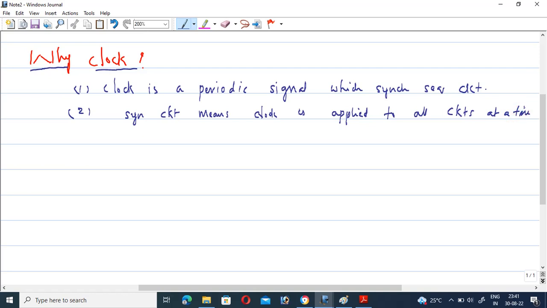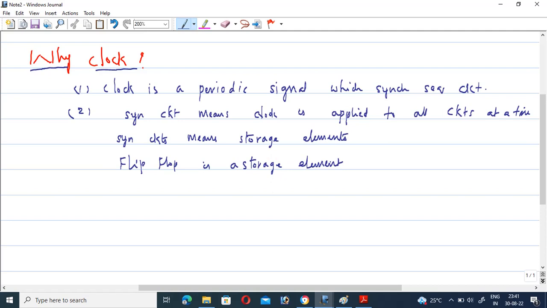This is also an important point. Generally, synchronous circuits consist of storage elements. Basically, we know that a flip-flop is a storage element.